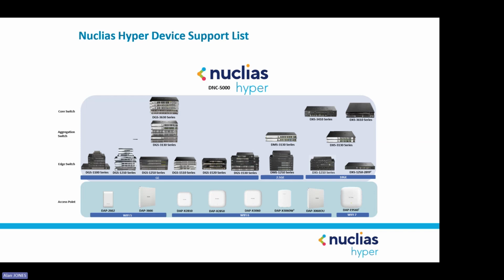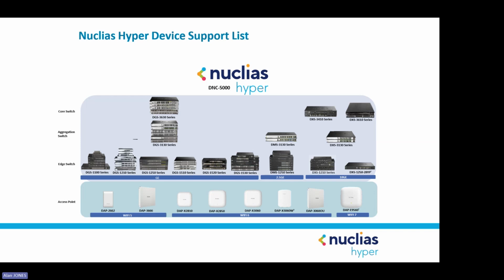Yeah. Being fully managed switches, these things have got some very cool features, OSPF and a few other bits that are in there. But again, for large networks that need to move away from a small smart switch and need the next layer up to be a slightly larger, more powerful managed switch, using Nuclias Hyper, things like the DGS 3130 series, or something like a core switch like the DXS 3410s, for example.